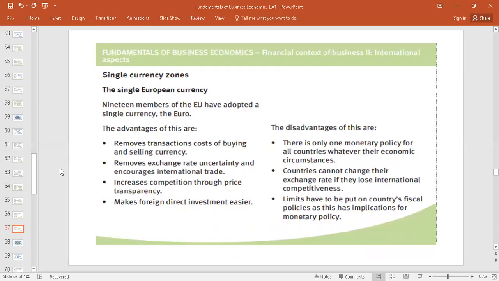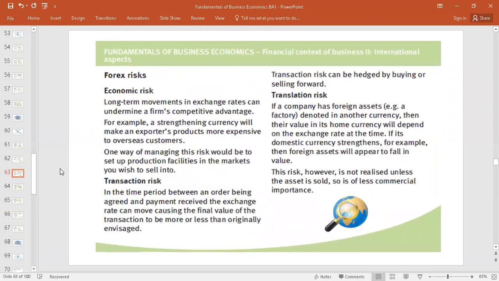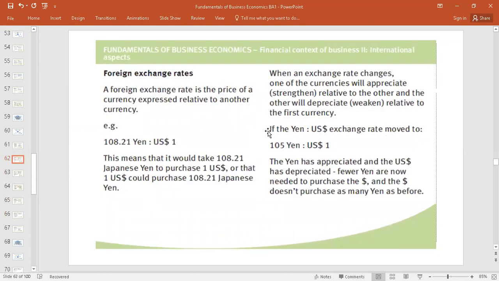Let's look at the scenario where a currency weakens and where it strengthens. When the US exchange rate from 108 has fallen to 105, we call that an exchange rate change, where one currency will appreciate and the other will depreciate. Here, the yen has strengthened and appreciated, and the US dollar has depreciated.